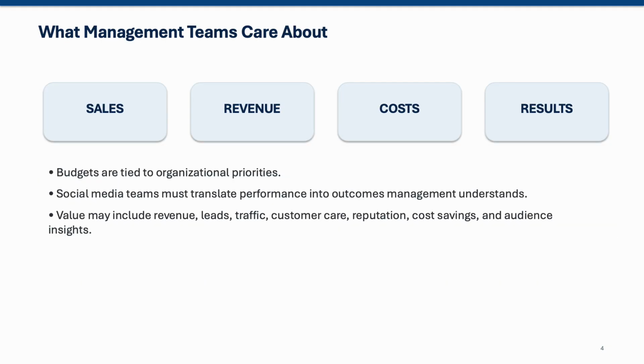As social media practitioners, we also have to remember that management teams are concerned with organizational outcomes. They're thinking about sales, revenue, cost, and results. They're also the ones making decisions about budgets and resources. So, part of our job is being able to explain the value of social media in terms that matter to organizations.